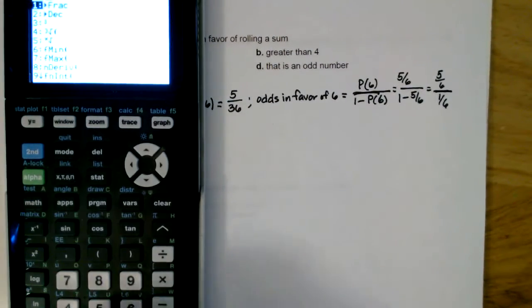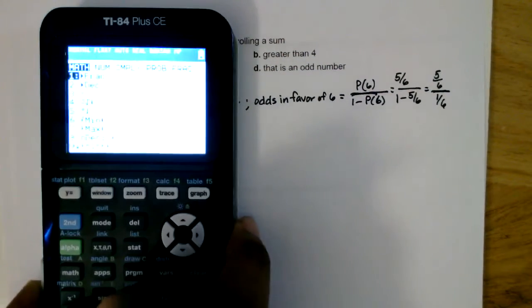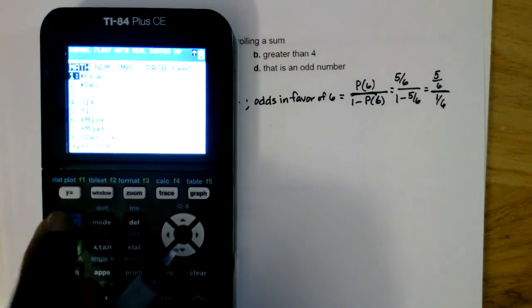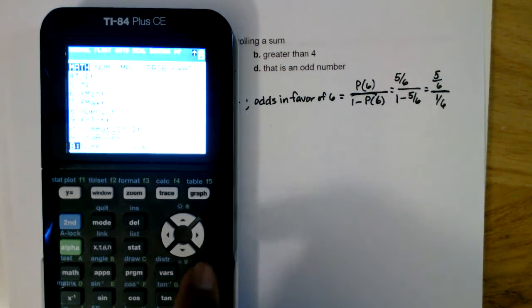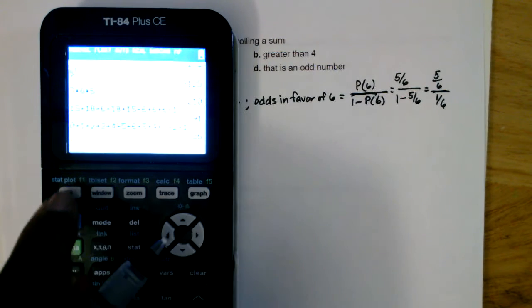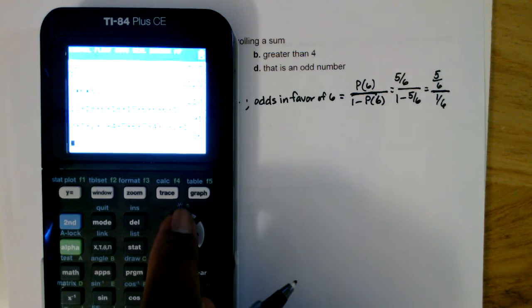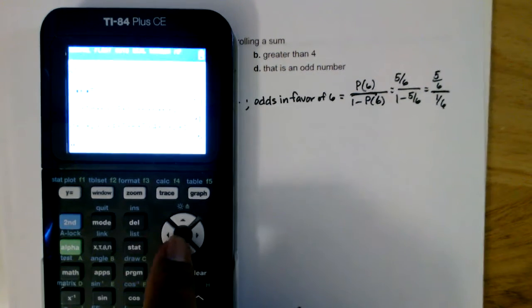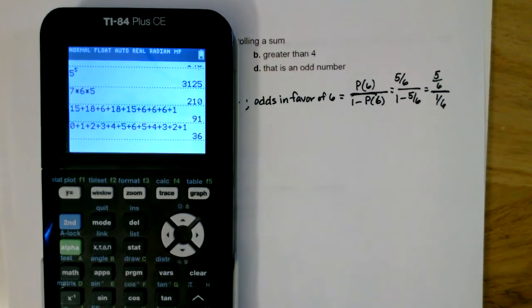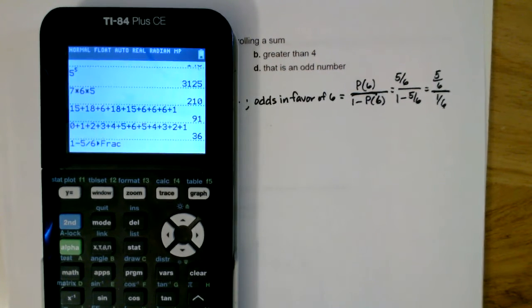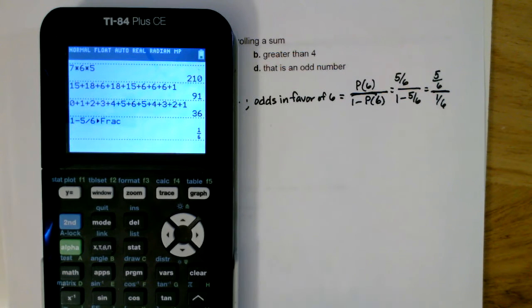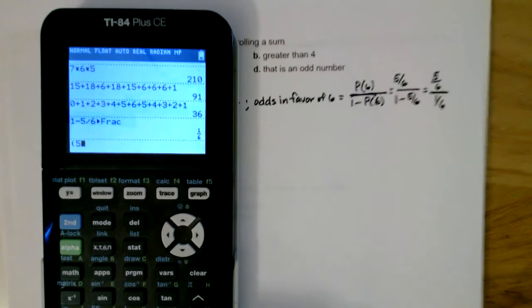Press the math key. There we go. 1 minus 5 divided by 36. Press the math key, number 1. You'll get a fraction. And we can do the numerator divided by the denominator in the calculator.